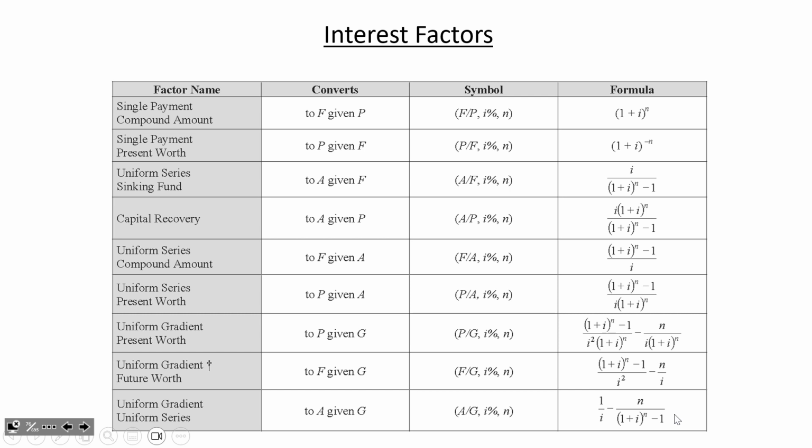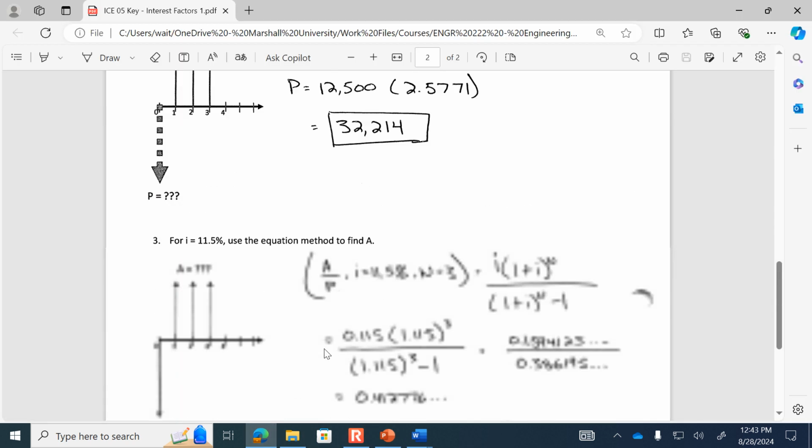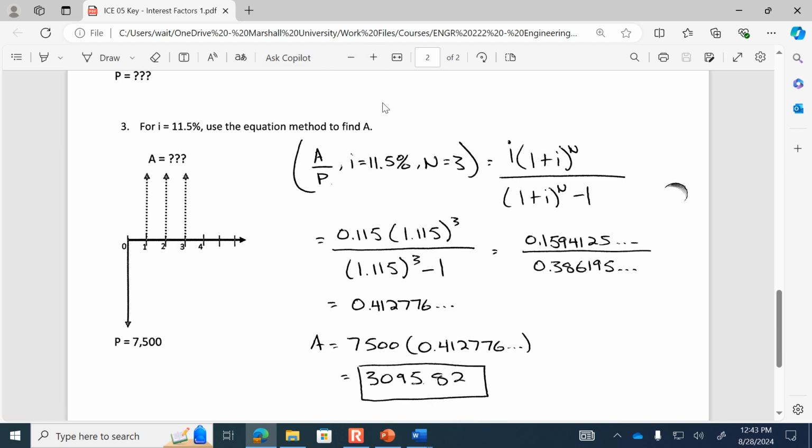Okay, so you substitute in I equals 0.115, n equals 3. And if you do that, remember you need to keep all of your precision. So here you can see the substitutions that I've done.